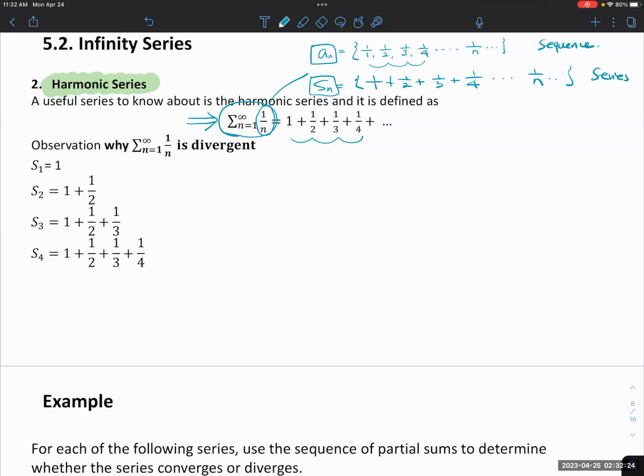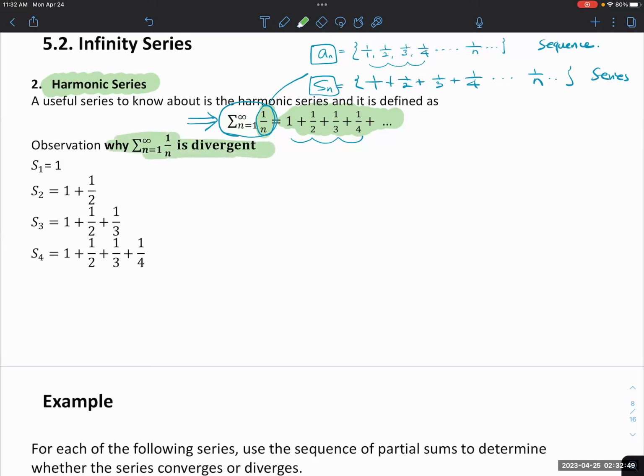Exactly, this is the example of the harmonic series. The harmonic series has the form where aₙ equals 1/n. So if you have this pattern with fractions increasing exactly 1 by 1, 1 plus 1/2 plus 1/3 plus 1/4, this type of series will always be divergent.